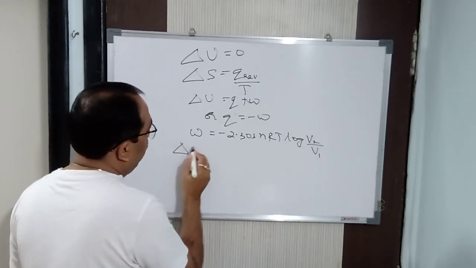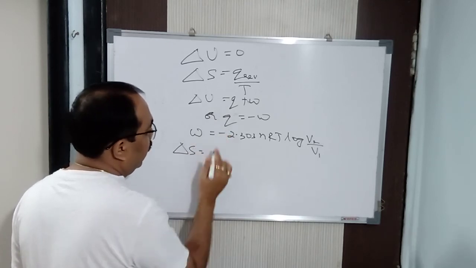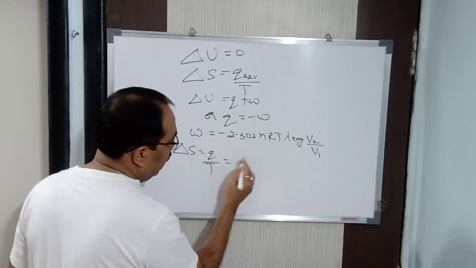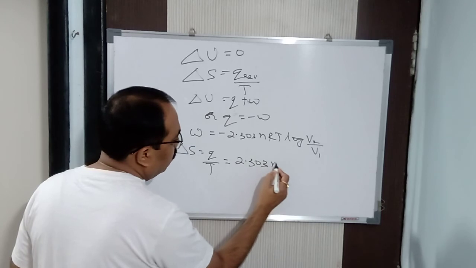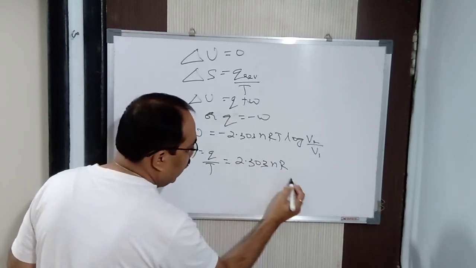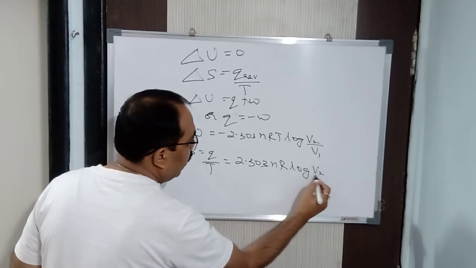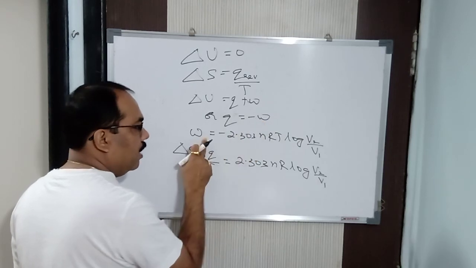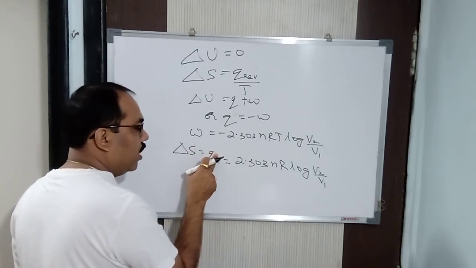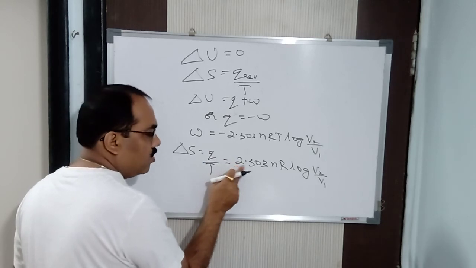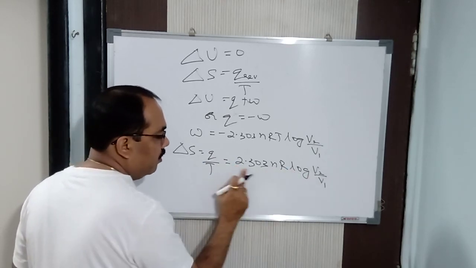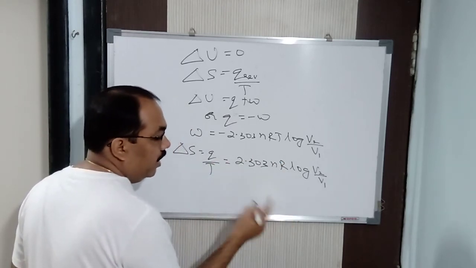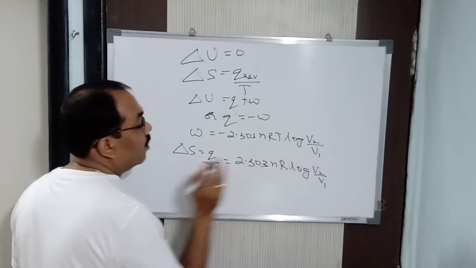Now when I calculate delta S, it is Q by T, and Q is minus W. So minus of minus becomes plus: plus 2.303 nRT log V2 by V1, divided by T. T and T will cancel, so delta S is 2.303 nR log V2 by V1. Or in terms of pressure, 2.303 nR log P1 by P2.